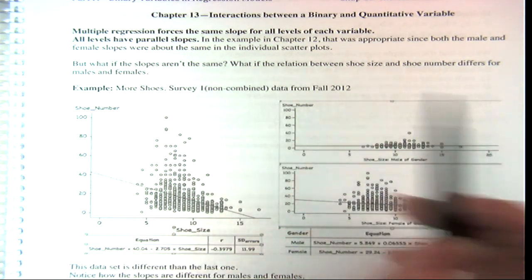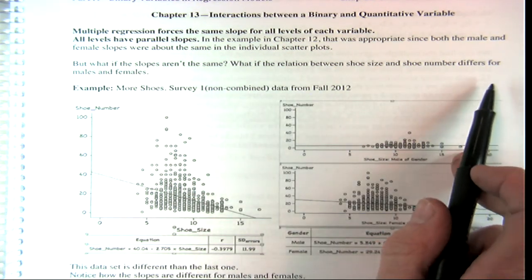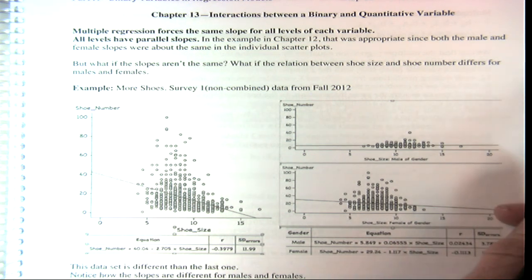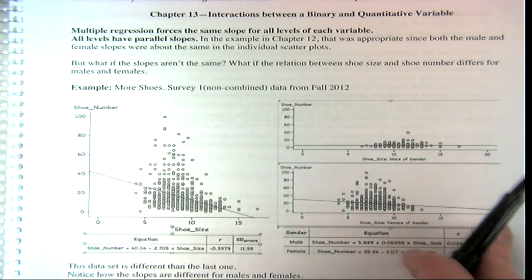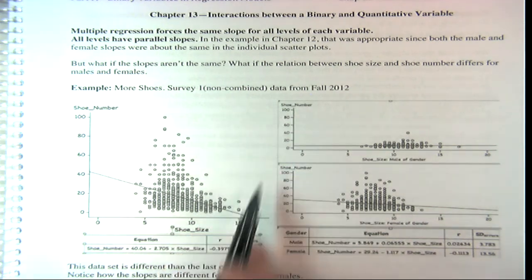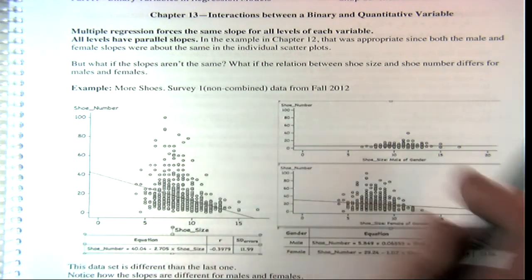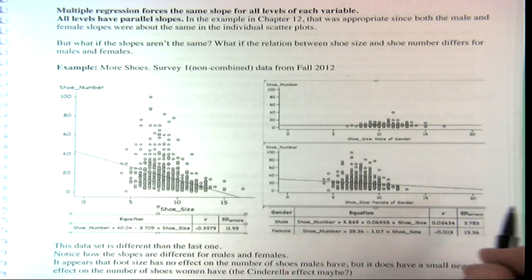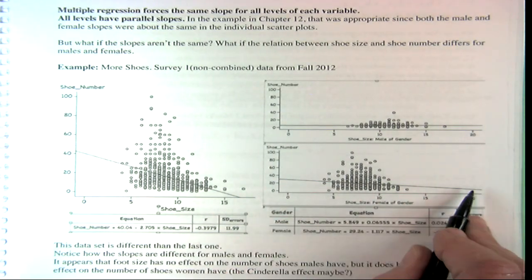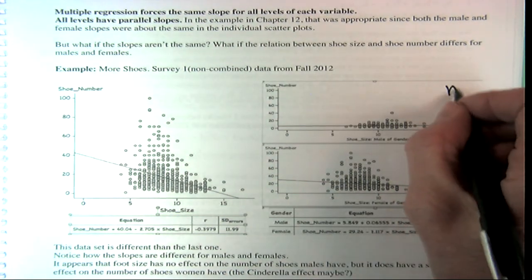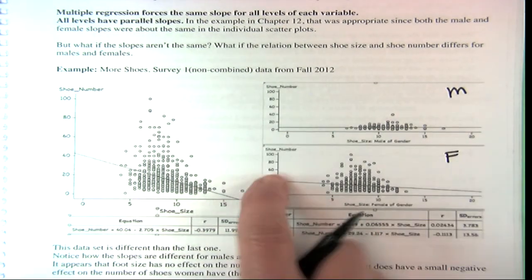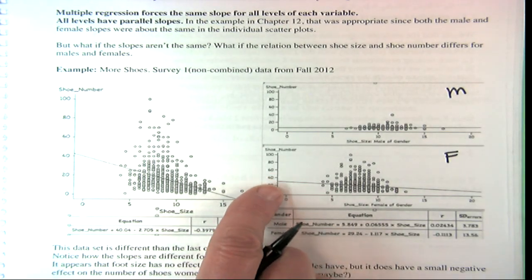But what if the slopes aren't the same? What if the relation between shoe size and shoe number differs for males and females? Here's another data set from another year where, when we split, we get different slopes. We see we have this negative effect here. This is your males, and this is your females. This is like an older data set.